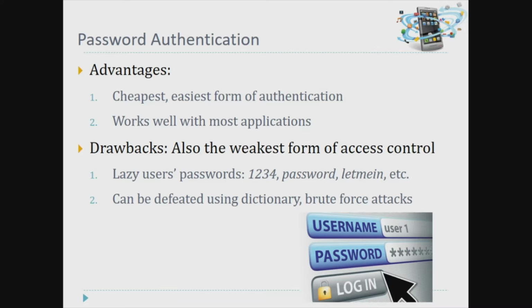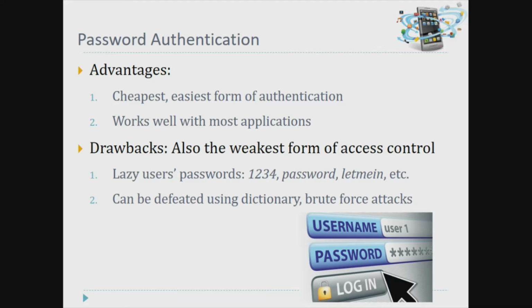Let's look at authentication first. We talk about password authentication. When we use password authentication, this is the cheapest authentication that we can use and it is usually easy to implement. It works well with most applications. You do not need to think about the features that the mobile device has.